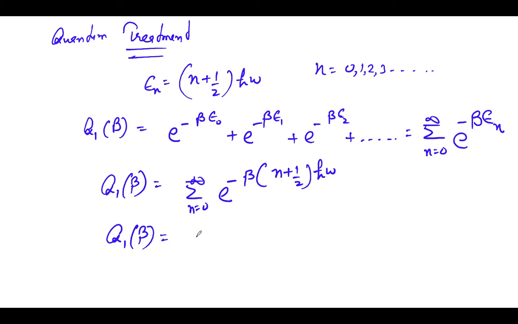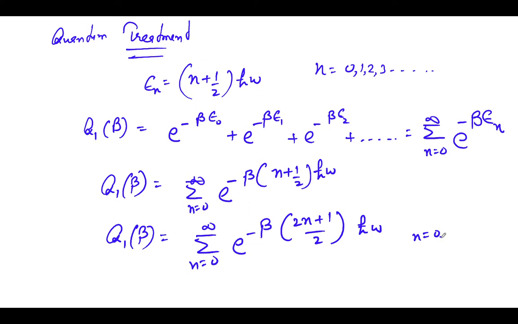So this we can write as summation of n from 0 to infinity of exponential of minus beta (2n plus 1) over 2 times h bar omega, where n varies from 0, 1, 2, 3, and so on. So I can rewrite this equation something like this.